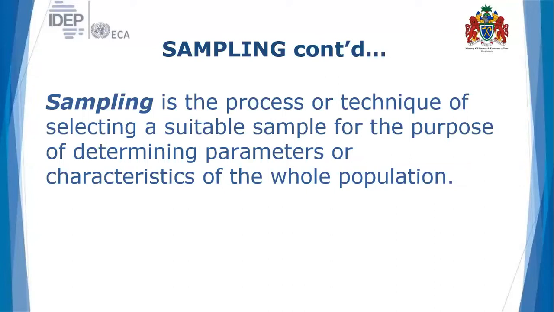In other words, sampling is the process that helps evaluators select or determine a sample which has the characteristics that can be used to determine the characteristics of the entire population.